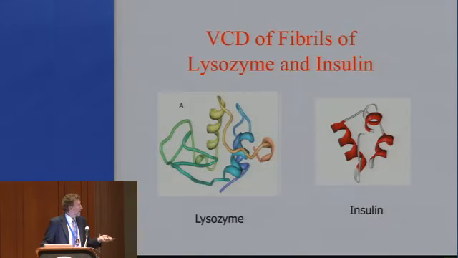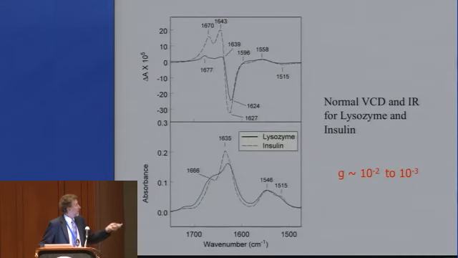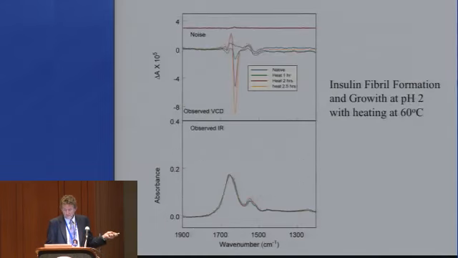These are 2 different proteins that give virtually the same VCD spectrum. This is comparison of lysozyme and insulin, which have remarkably different VCD spectra, but as fibrils, they have almost identical intensities and very nearly the same relative intensities. And you can also follow fibril development with time, just heating, watching the fibril grow while almost nothing happens in the IR.